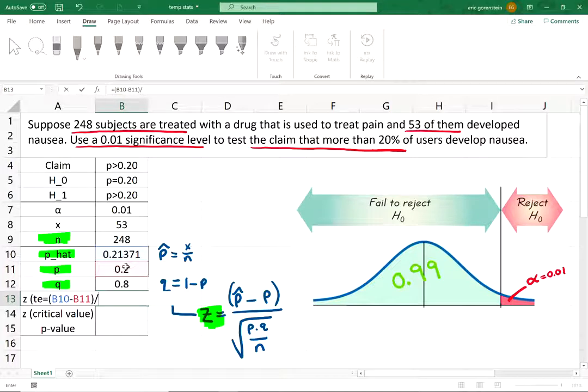Divided by the square root of, SQRT parenthesis, that's square root of, P times Q divided by N. So I'll click on the P, multiplication sign, the Q, division sign, divide by, then I'll click on the N and I'll close the parentheses. So if you want, just take a moment, pause the video, just make sure you're clear on typing that formula into Excel.